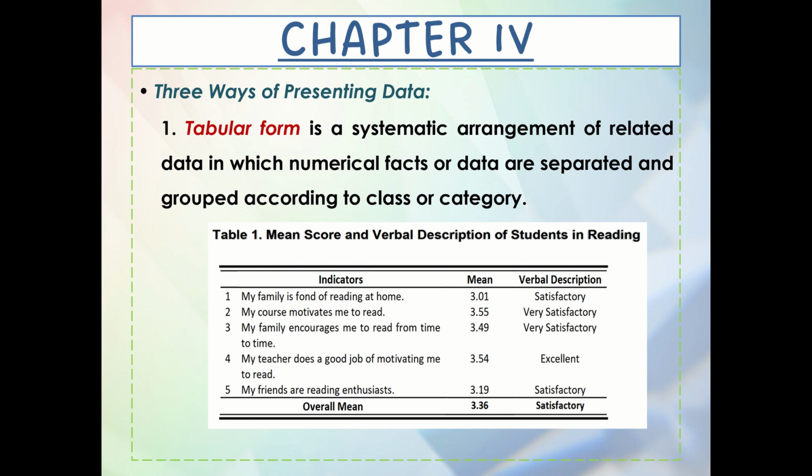Okay, so most of the time ganito. So table 1, tuldok, and then the title of the table. Kung ano man yung table na yon, what the table is all about. So for example, here in our case, mean score and verbal description of students in reading. Tapos nakatabulate siyang ganyan.